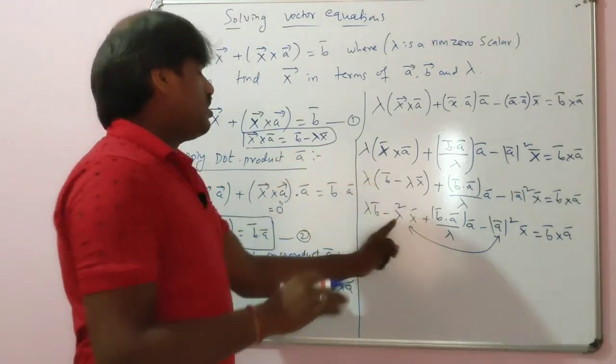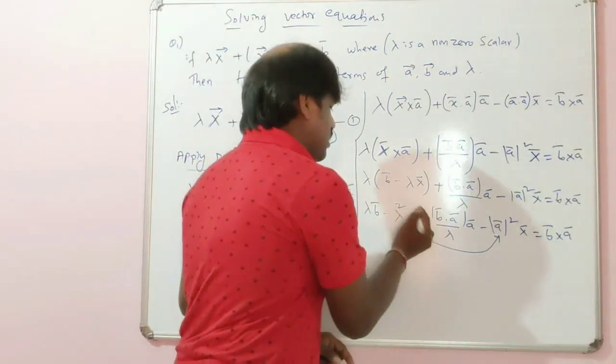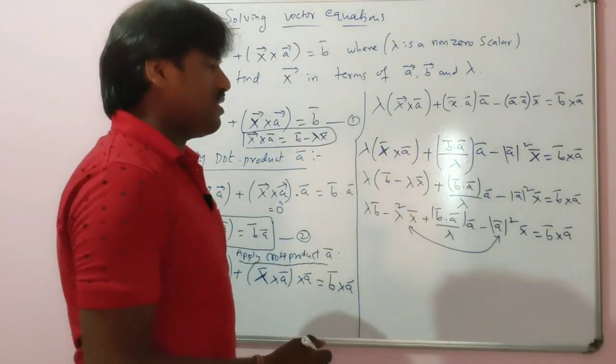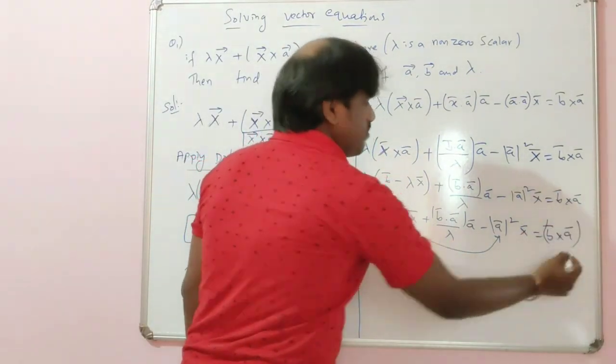So this x vector, this is a x vector, this is a x vector, so send that side and send this plus 1 this side. So this is B cross A plus 1, send this side.